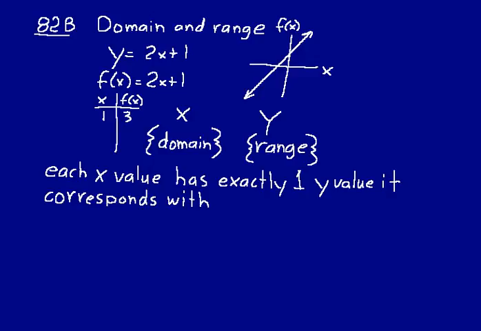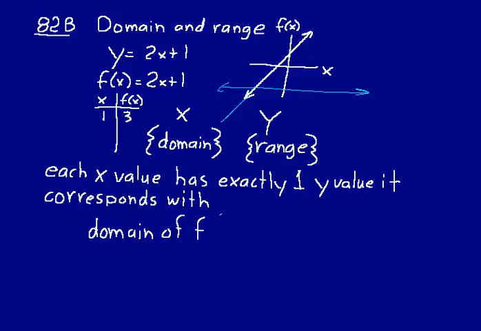It's going to go on forever horizontally, moving in the negative x direction and the positive x direction. So the domain would be all real numbers. And the range would be too, because it's going to be increasing vertically in the positive and negative y direction, so its range is all real numbers as well.